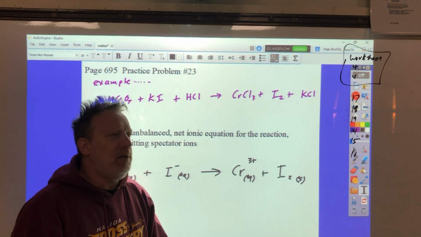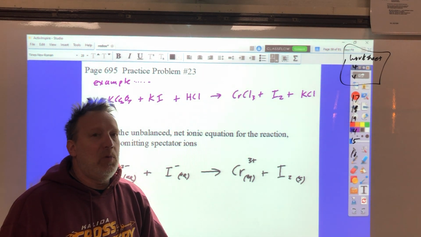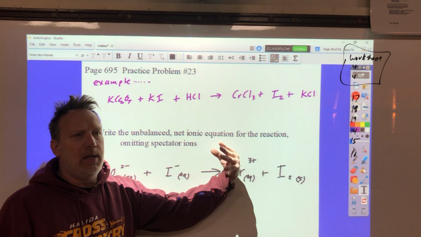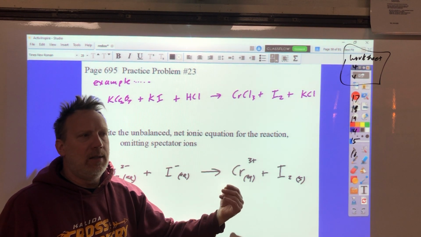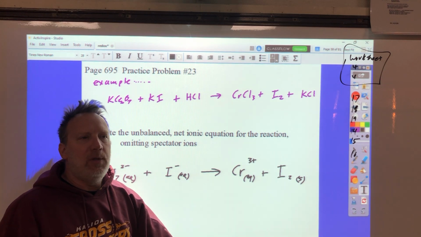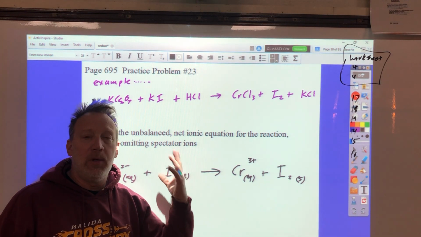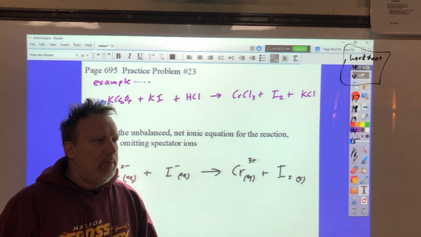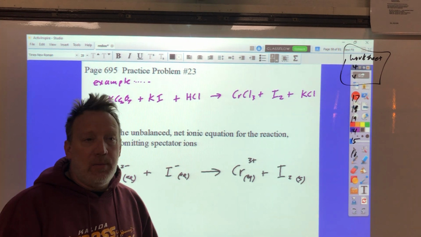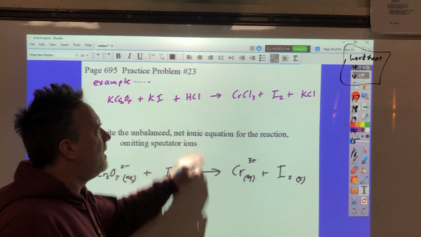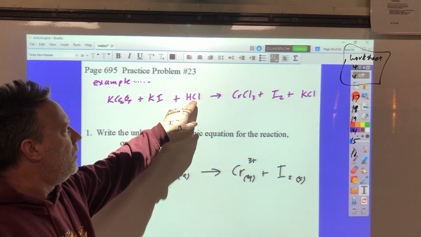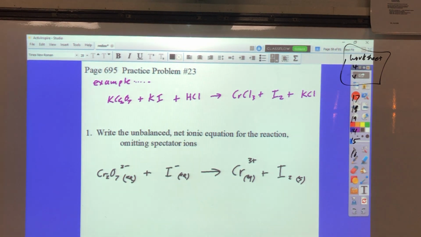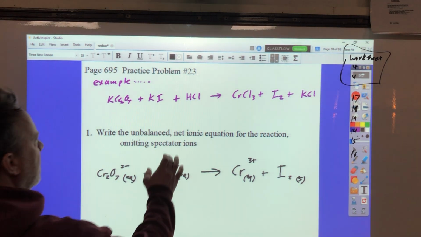If you use nitric acid, you can expect to be surprised because that nitrogen ion in that nitric acid is going to take every opportunity it can to change oxidation number and do a redox reaction and pump out nitrogen dioxide or something like that. It's not as likely with chloride ion. So I intentionally chose this one for that reason.